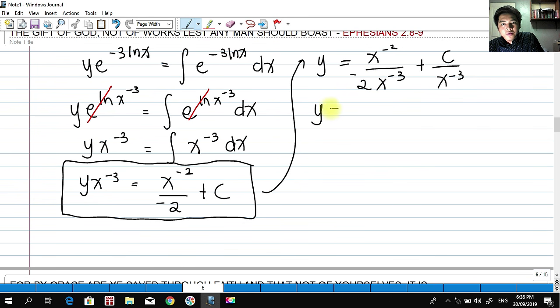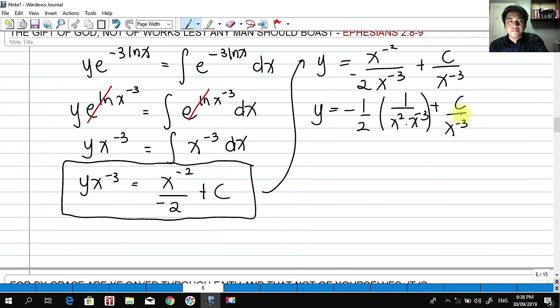And if I'm going to apply the rules of exponent, let's say I'm going to factor out negative 1 half first. So that is multiplied by 1 over x squared multiplied by x raised to negative 3 here, plus c over x raised to negative 3 here.